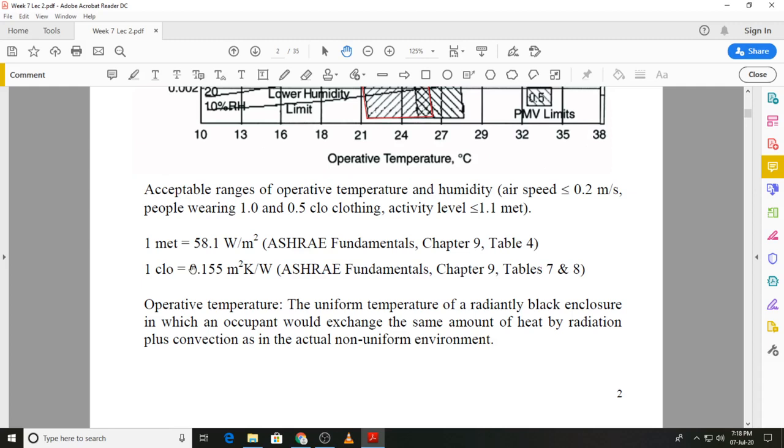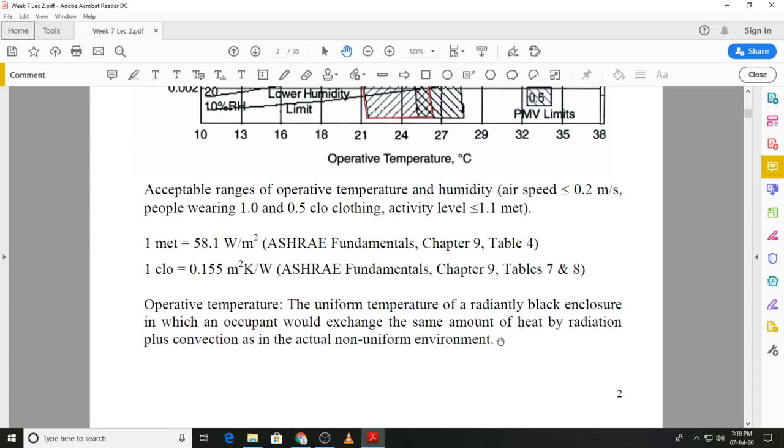For example, what happens if the air speed changes, or if the people are wearing clothing which has a clo value other than 1 or 0.5, or if the activity level is greater than 1.1. So there are certain recommendations for those, and if you are interested, you can refer to the ASHRAE Fundamentals Handbook to get a more detailed idea of how things would change when we deviate from these standard conditions.